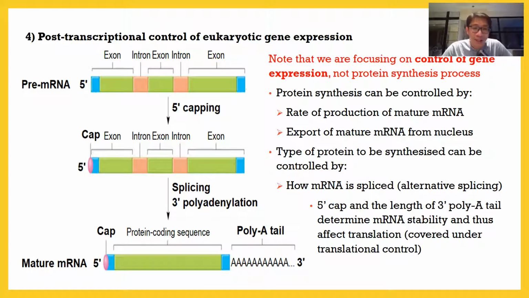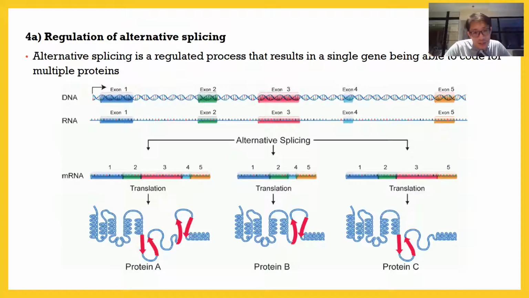Alternative splicing is a process where one gene gives rise to one pre-mRNA, and that pre-mRNA can be spliced differently to form different mature mRNA, as you have learned before. So this process is a regulated or controlled process. The alternative splicing is not random.